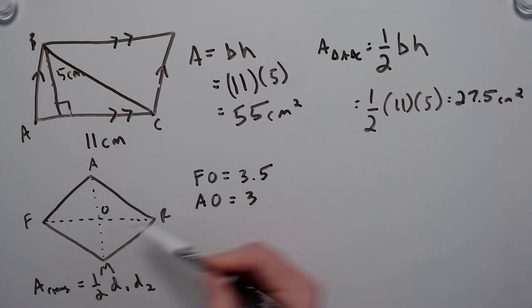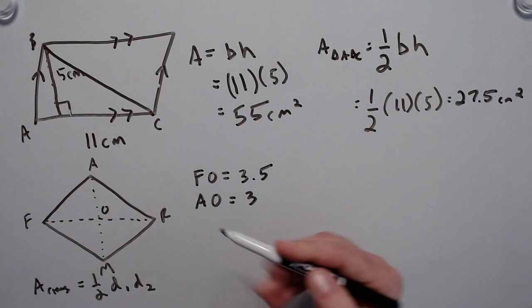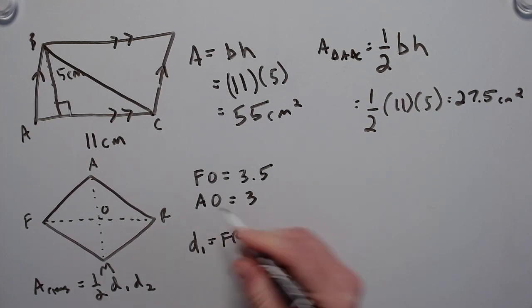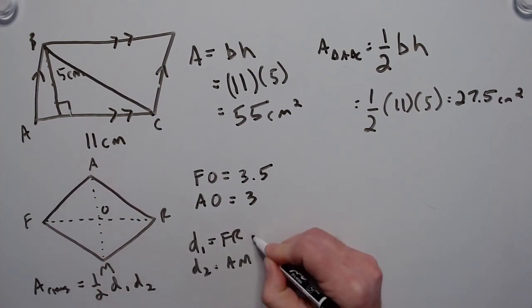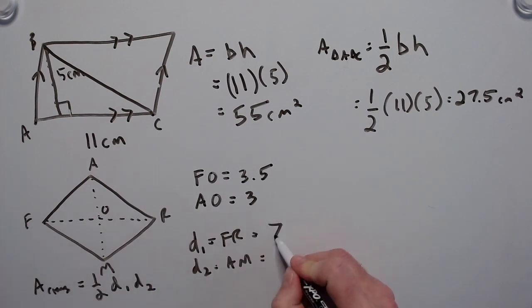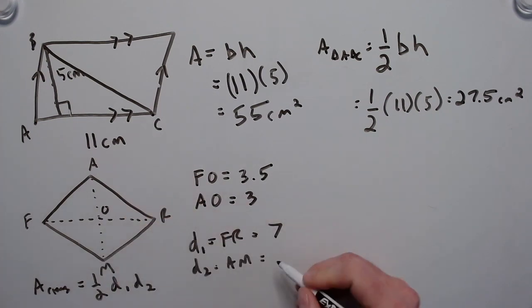This is 3.5 and this is 3.5. FR we'll call D1, and AM will be D2. So FR is 7, and AM is 6.